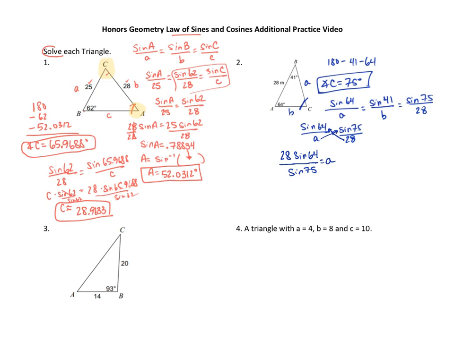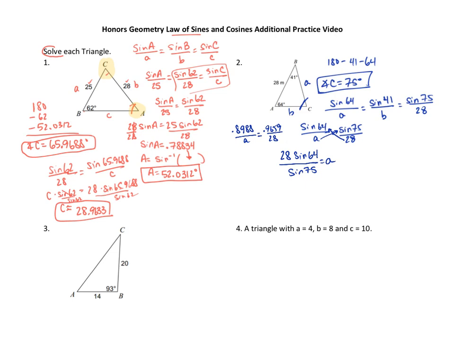One other hint, if it bothers you seeing these as sine 64, sine 75, go ahead and change these to decimals at this point. In other words, you could change the sine of 64 to be 0.8988 over A, and then you could take the sine of 75, which would give you 0.9659 over 28, and solve it that way as that ratio.